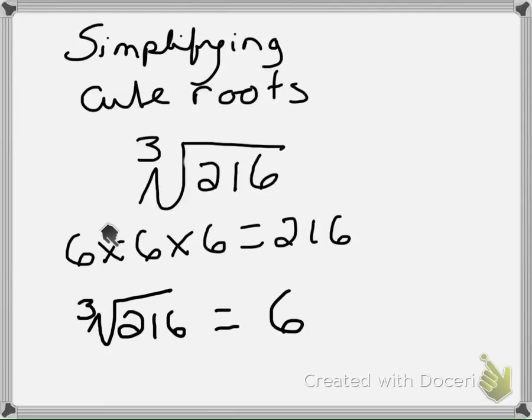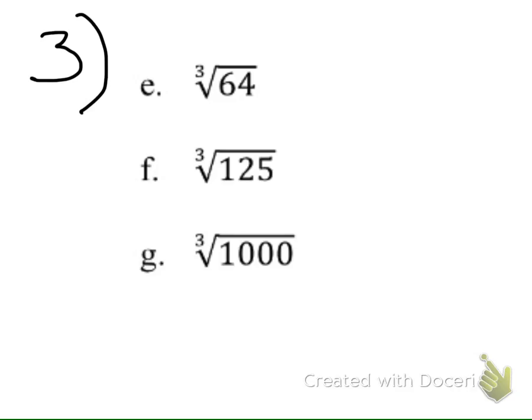The side length of a cube with a volume of 216 is also 6. Those things connect together. That's why we were doing them in that section. Now you're going to find 3E, 3F, and 3G, and you may use your calculator to help you.